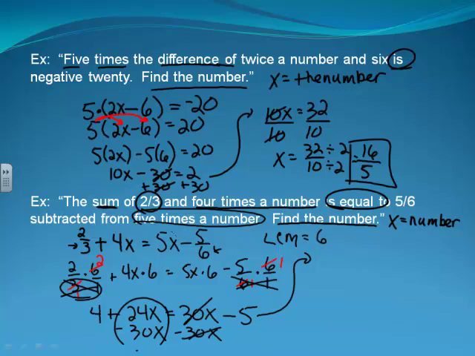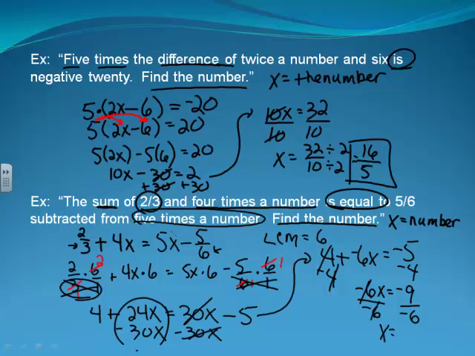We've got 4 plus 24 minus 30 is a negative 6x. And that's equal to, on our right-hand side, negative 5. Now, subtract 4 from both sides. And we've got negative 6x is equal to negative 9. Divide both sides by negative 6.